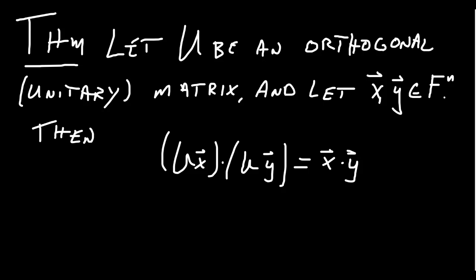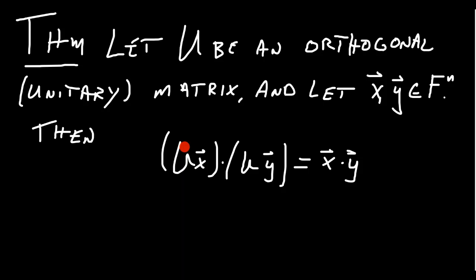If we take any two vectors, x and y, that live inside of our vector space F^n, it turns out that the inner product between x and y is going to be identical to the inner product of Ux and Uy. So if you take the vectors x and y and multiply by a unitary matrix, Ux dot Uy will equal x dot y. So matrix multiplication corresponds to linear transformations.